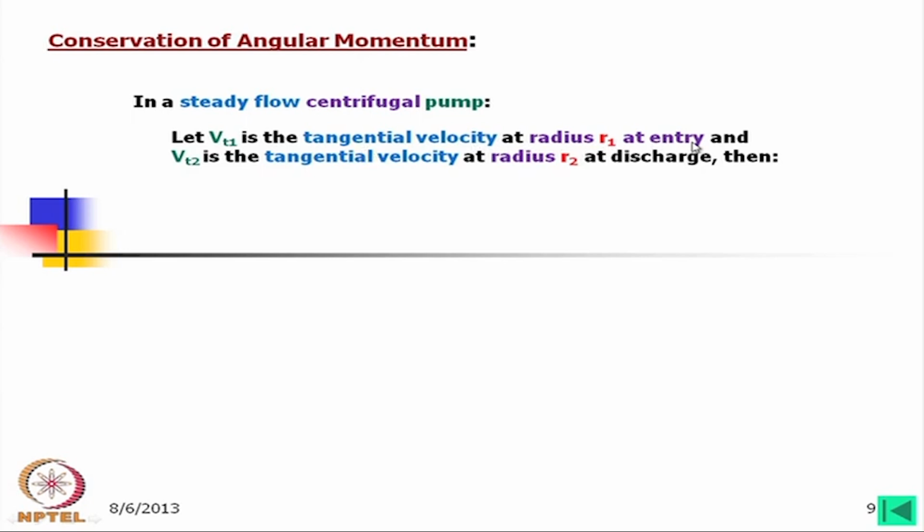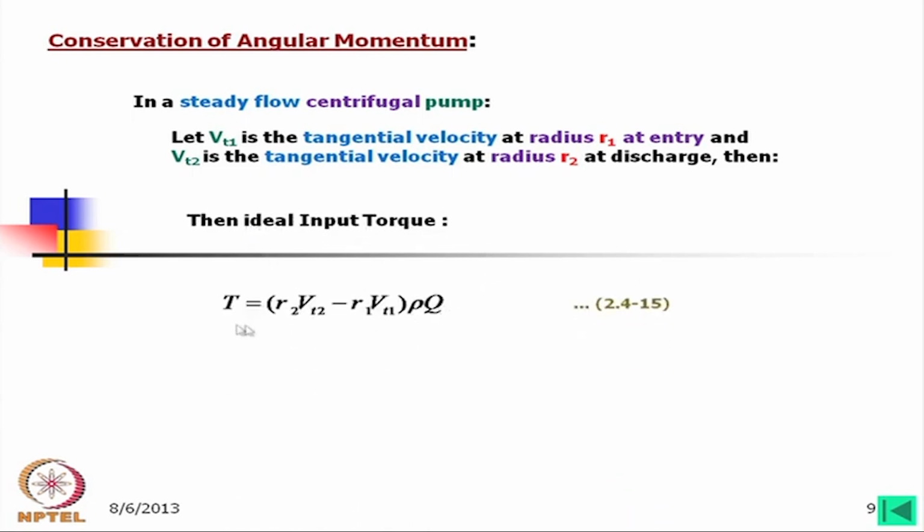This means that if I consider a circle at the entry, then the tangential velocity of the mass of the fluid, again let us consider a control volume. Same thing when it is being discharged, the tangential velocity is VT2 at radius r2. Then we can write the ideal input torque T is equal to (r2 VT2 minus r1 VT1) into rho, again density, into the flow rate.